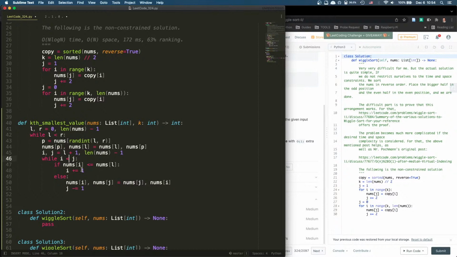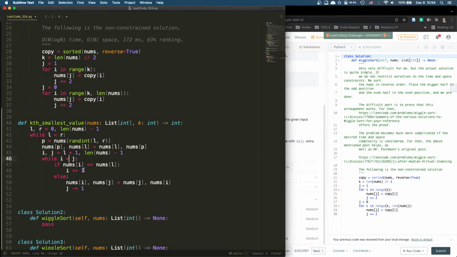If nums[i] is larger than nums[L], so this one is large, then I need to swap with this, okay? So I swap with j, right? And then j minus equal to 1, right?